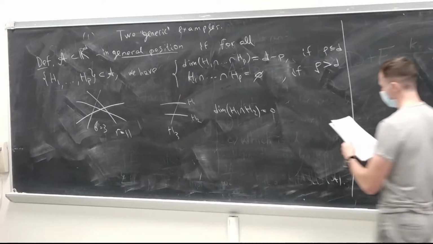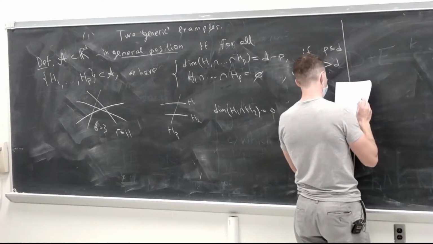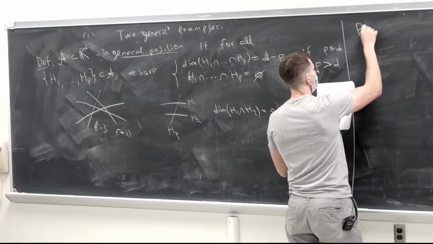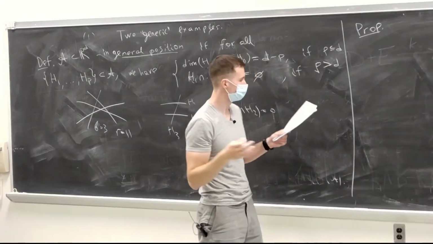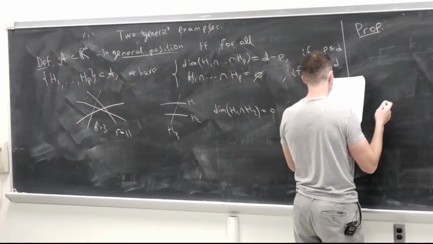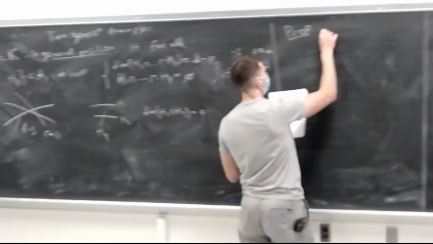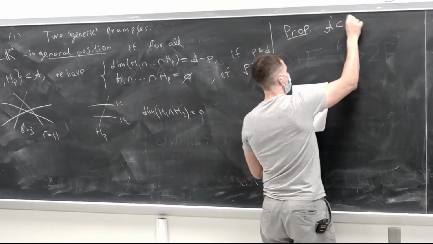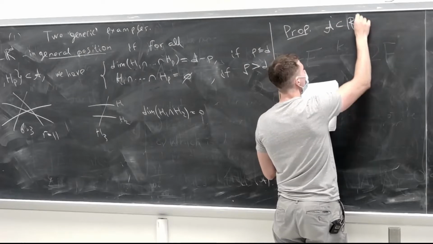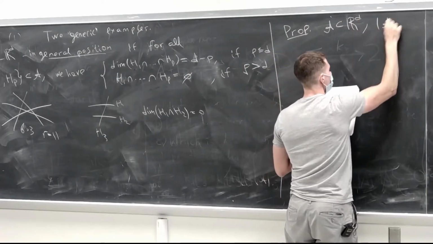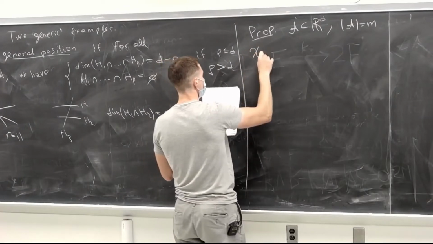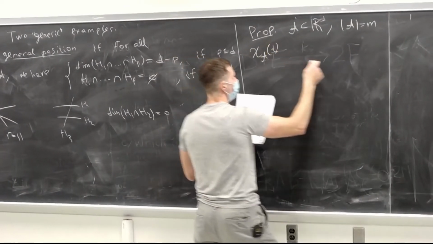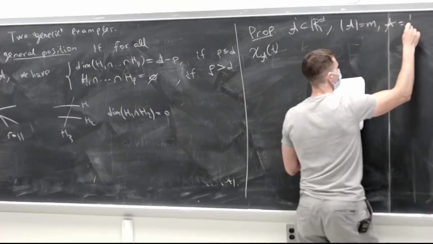So here's the result. And as you know, it suffices to find the characteristic polynomial, because the rest is easy. Let's say A is an arrangement inside R^D, and it contains M hyperplanes. Then assume that A is generic.